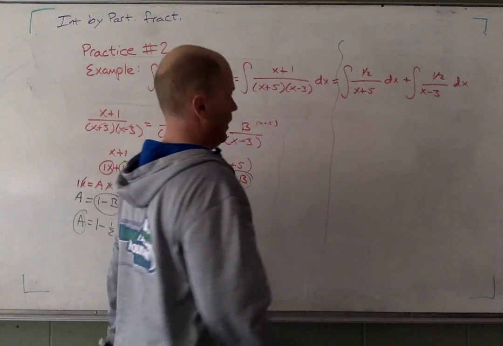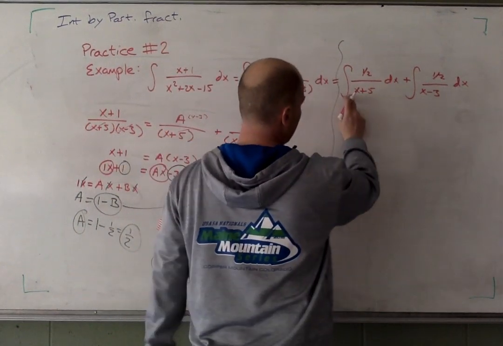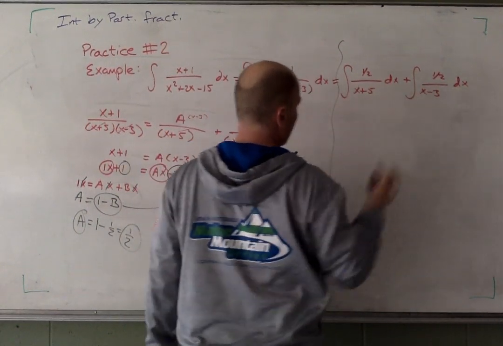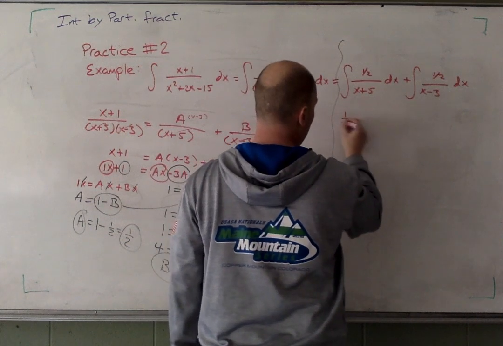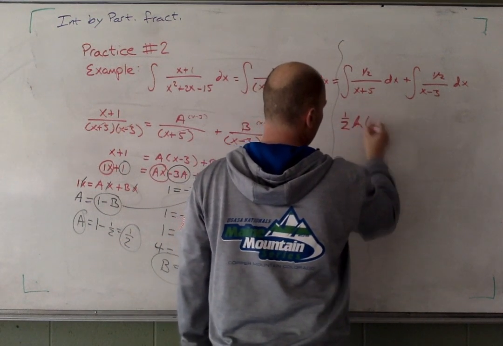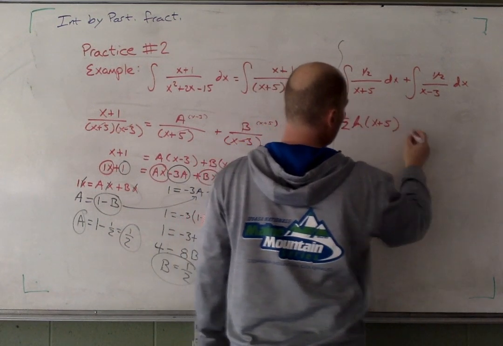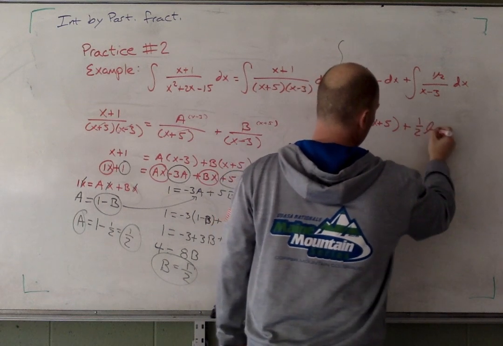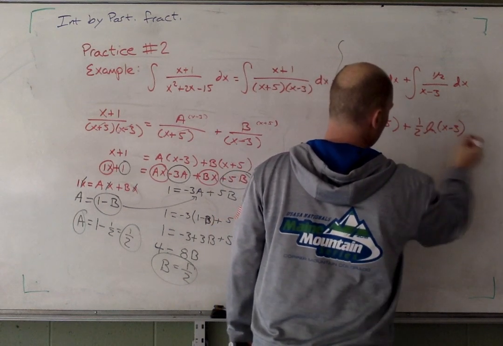And then I have to integrate these, and this is really easy because this is a 1 and that's a 1, so this is just 1/2 the ln of x plus 5 plus 1/2 the ln of x minus 3.